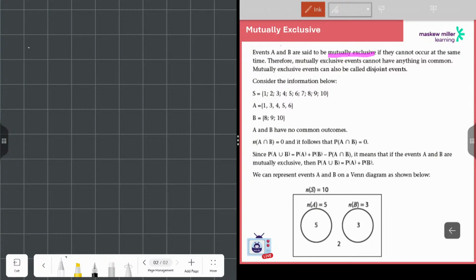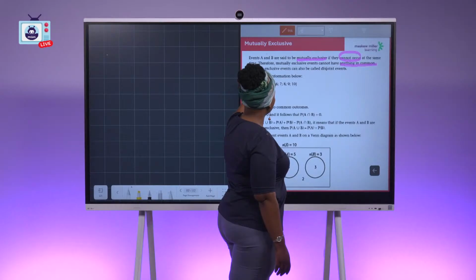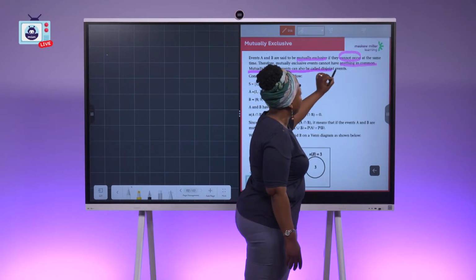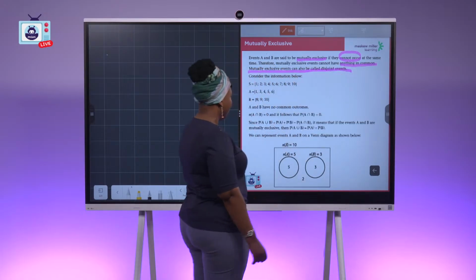And they said if they cannot occur at the same time, therefore mutual exclusive events cannot have anything in common. That's what we have just said. They cannot have anything in common. So then that means that mutual exclusive, we can call it disjoint events, right?